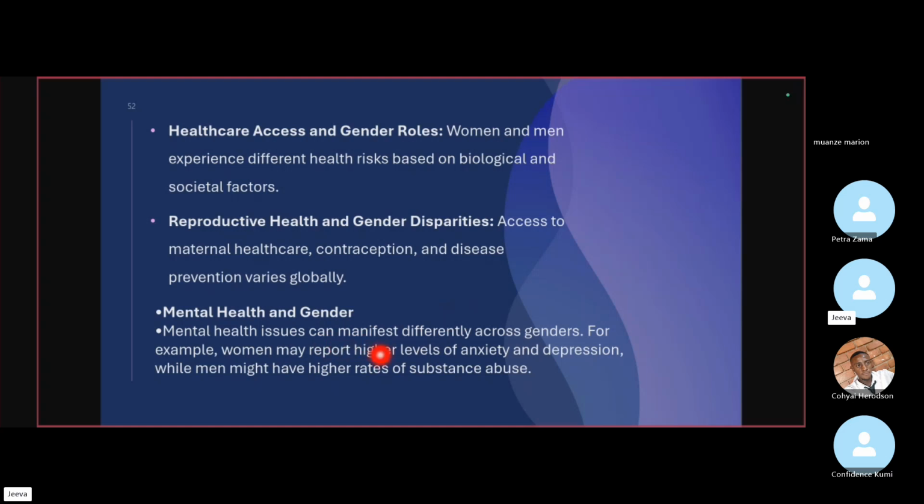Women will not have proper healthcare access because of being in the house. People say there is no need for any treatment, whereas men who go outside prefer getting medical treatment. That is how inequality can occur between the genders, and how gender affects the healthcare system. Is that clear?